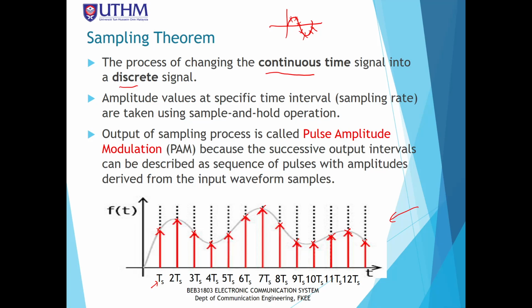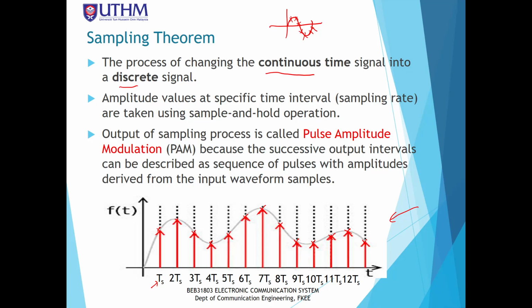If we take many samples, we will produce a more accurate output. Why is it like that? If I take many samples, I will produce a PAM signal which is very similar to the continuous time signal, almost the same as the analog.